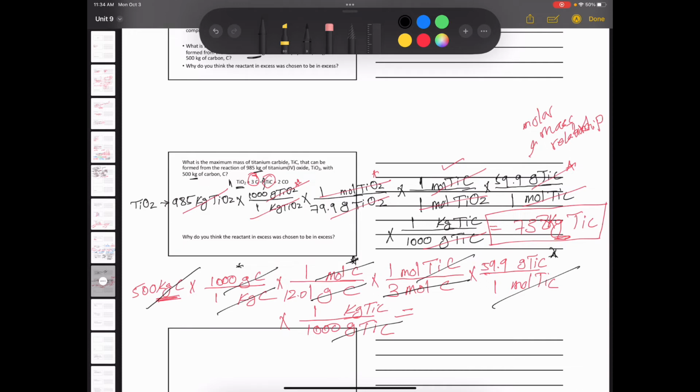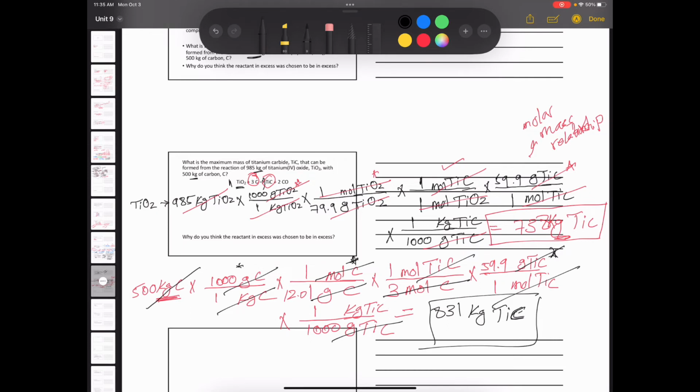Cancel out with the metric conversion between grams to kilograms. So grams of titanium carbide cancel out with the grams of titanium carbide. Now I am left with kg of titanium carbide. The answer for this one is 831 kg TiC, titanium carbide. Okay?